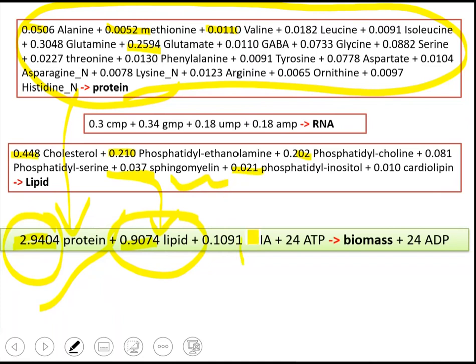The same with RNA, you take this reaction here. If you have carbohydrate, the same, you take the carbohydrate reaction here too. Then in your biomass reaction, you won't have macromolecules, but you will have all the building blocks, amino acids, fatty acids, nucleotides, etc. together.